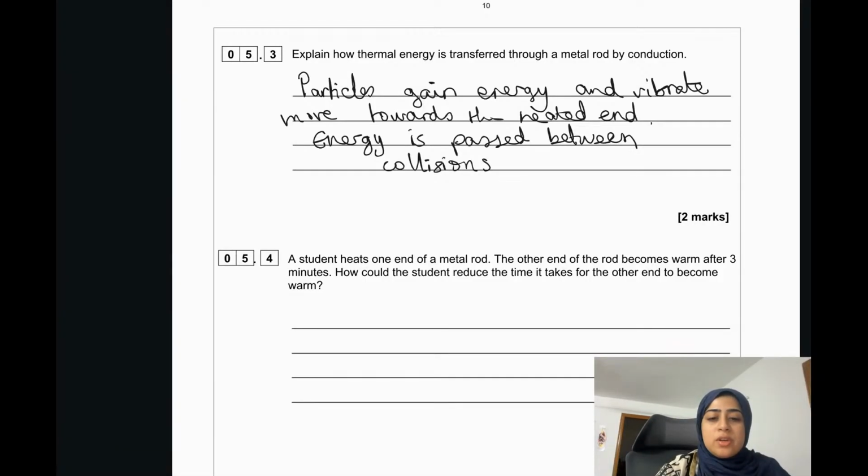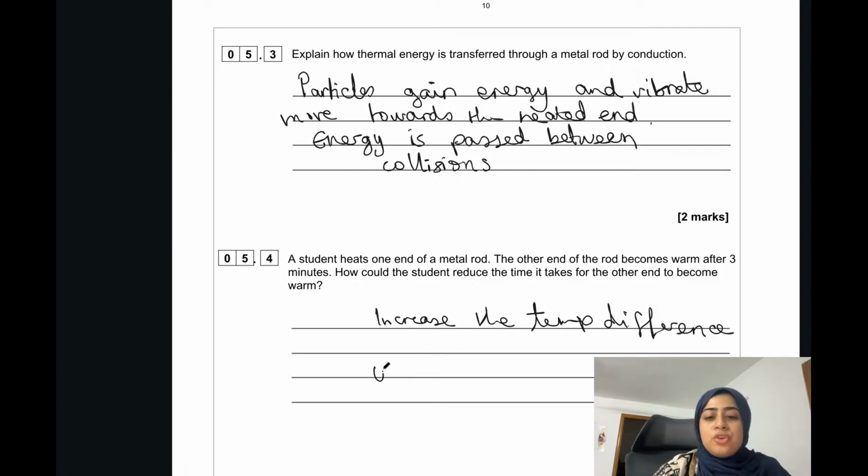Okay, next question. A student heats one end of a metal rod. The other end of the rod becomes warm after 3 minutes. How could the student reduce the time taken for the other end to become warm? So you could first of all increase the temperature difference between the two ends.